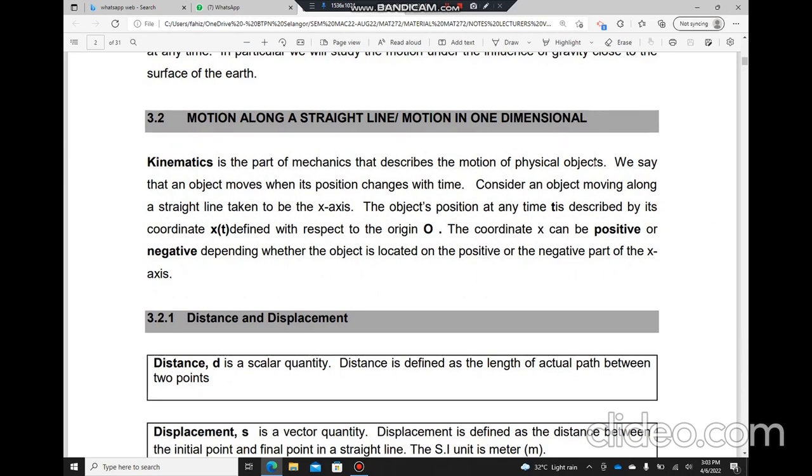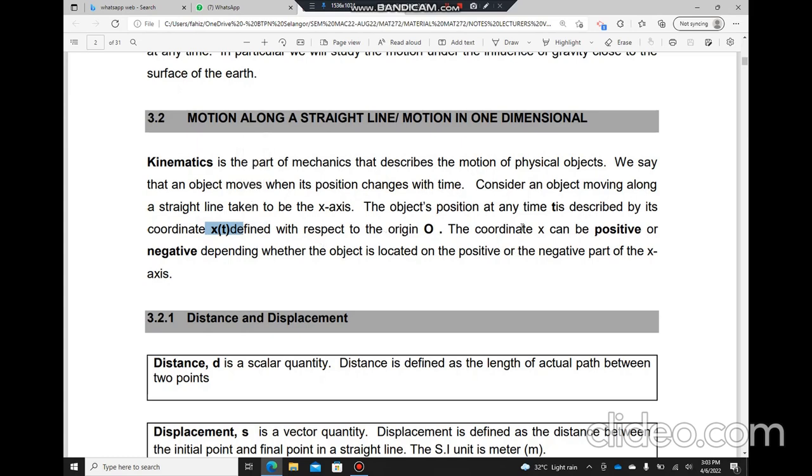Okay, so first, since kita nak tengok one dimensional, so consider an object moving along a straight line to be the x-axis. So kita just consider dalam kes ni just untuk x-axis. Okay, so position untuk objek, so kedudukan objek tu kita tandakan dengan x(t), defined with respect to the origin.